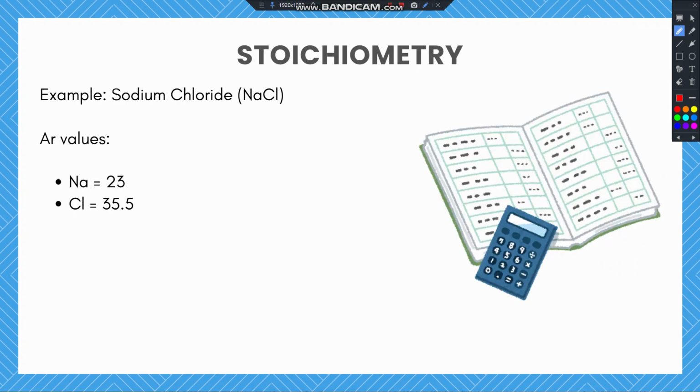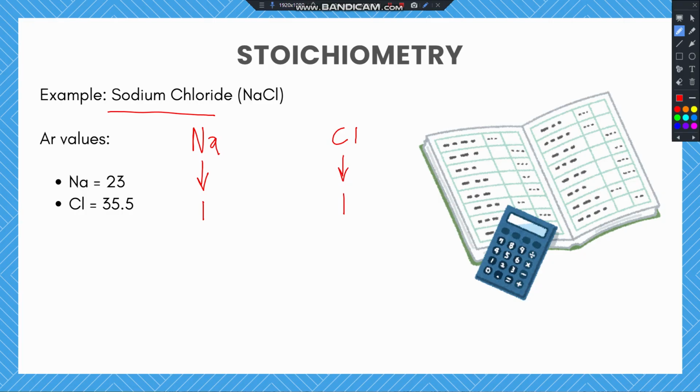The next example on the screen says calculate the relative molecular mass of sodium chloride. Well, step number 1, let's write out the elements. We have sodium Na and we have chlorine Cl. Step number 2 will be to write the number of times that they appear. Sodium appears just once, chlorine appears just once as well.